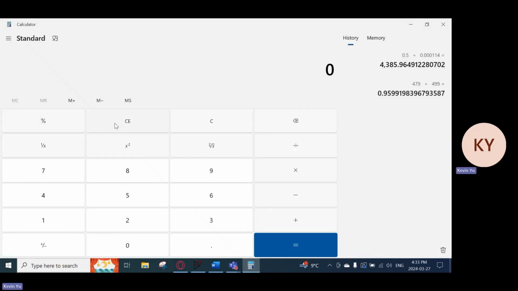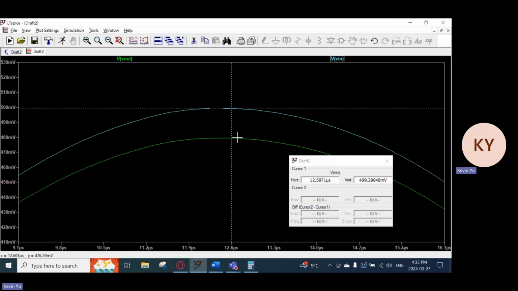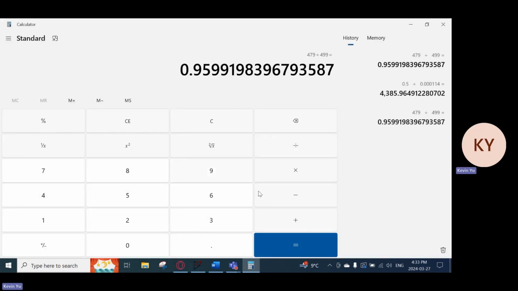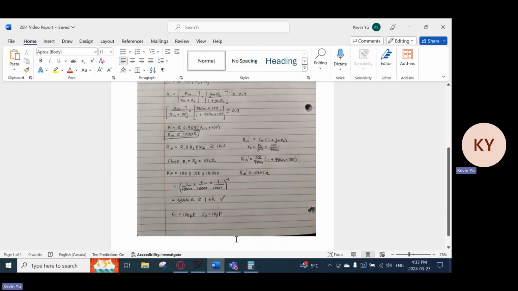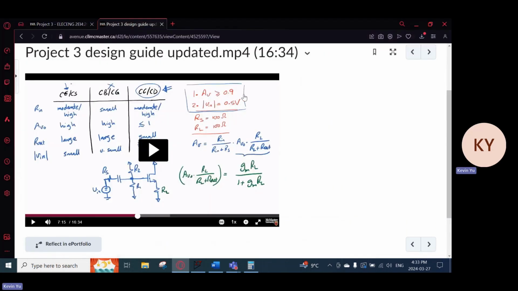Let's put that into the calculator: 479, and then you divide that by our voltage input, which at the same X value is around 499 millivolts. Our gain is now calculated to be 0.96, which meets the requirement of gain being bigger than or equal to 0.9.